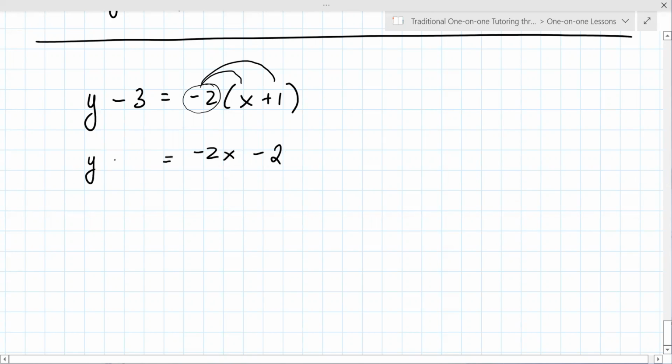Okay, and then on the left side here, it's the same question as before. What is keeping y from being by itself? It's this right here. Can you verbalize this? What do you see here to the right of y? Y - 3. So how do you undo subtraction? You add to it. So what do you add? Yes, you add 3.